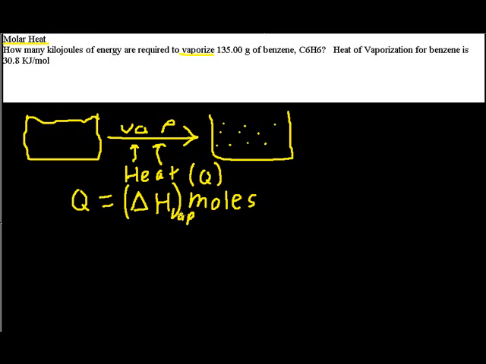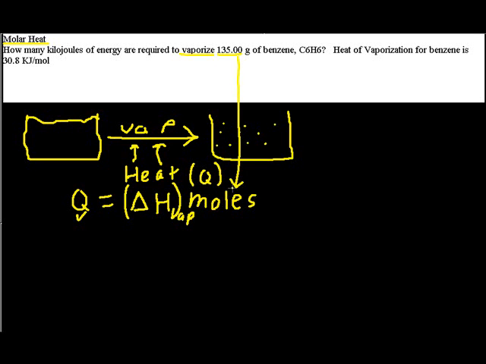So what we're missing is this right here. Now we simply punch the values in. But notice, we have 135 grams of benzene, but I don't want it to be in grams. I need the amount to be in moles.